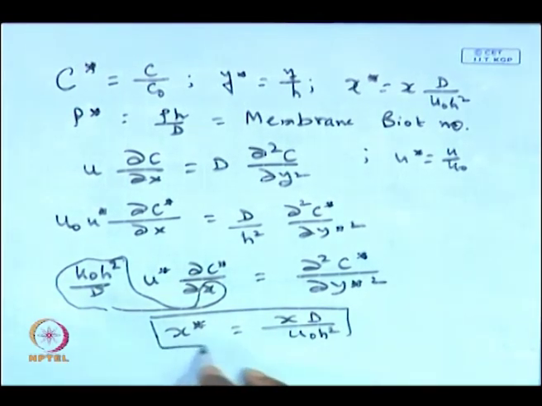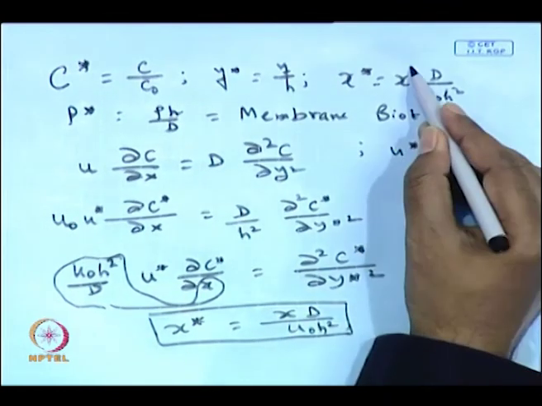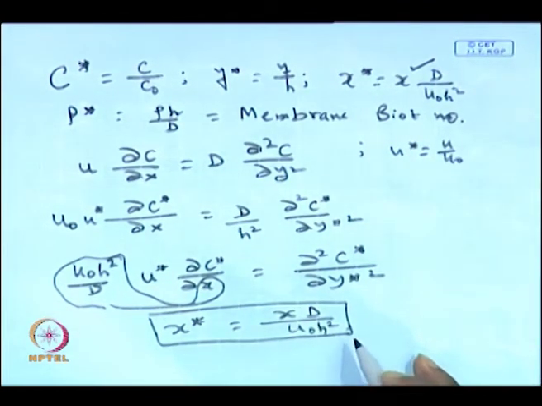That is how the non-dimensional term of X star will appear in that particular form. That is true for any non-dimensionalization of any governing equation. Some of the variables will be quite obvious to you, because some of them come from the operating conditions, and some are known from the geometry.